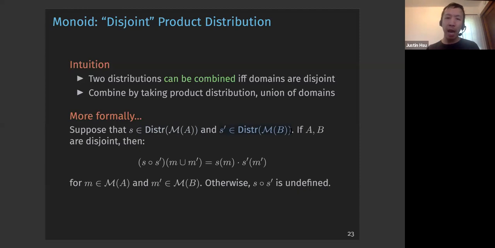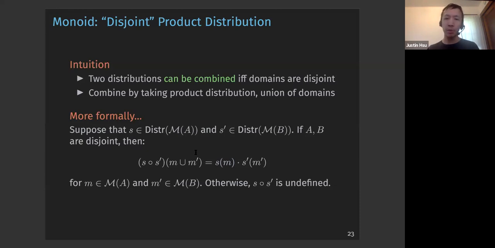Now, if A and B happen to be disjoint, then I can define this combination where S combined with S prime, evaluated at a memory M union M prime, is equal to the product of these two things. You can read this as the probability of seeing M union M prime in the combination is equal to the product of the probability of seeing M in S and M prime in S prime.